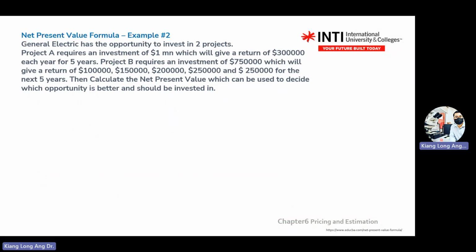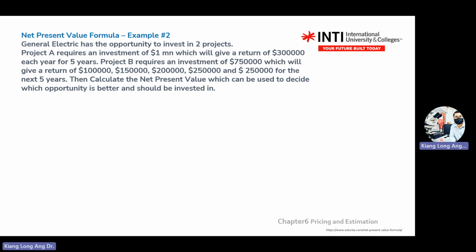Next, we start to do some exercise. Find the net present value, NPV. Let's say you have a General Electric company with the opportunity to invest in two projects. Project A needs a minimum of $1 million, which will give a return of 300,000 each year for 5 years.